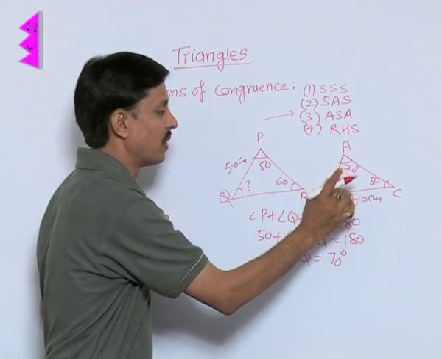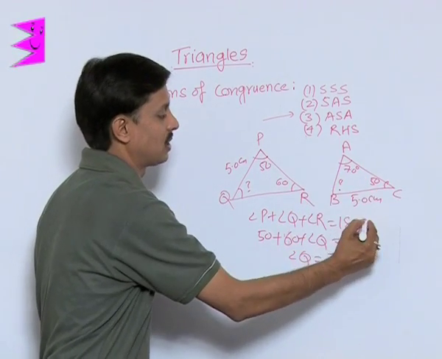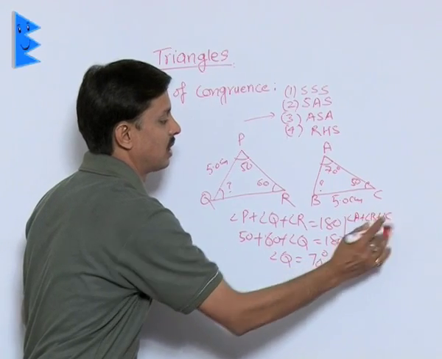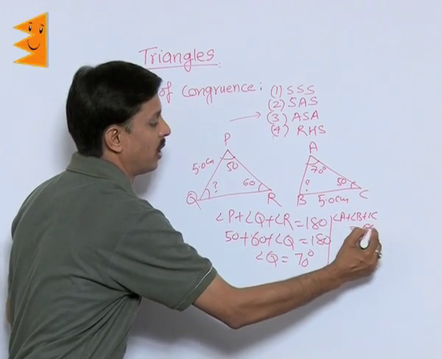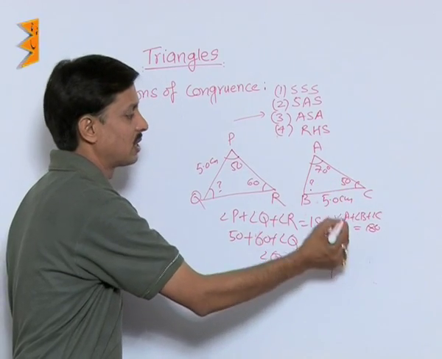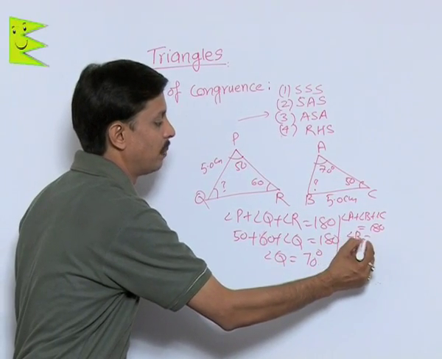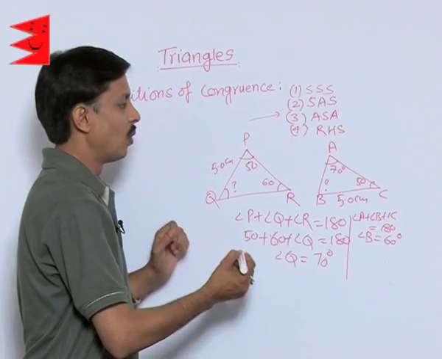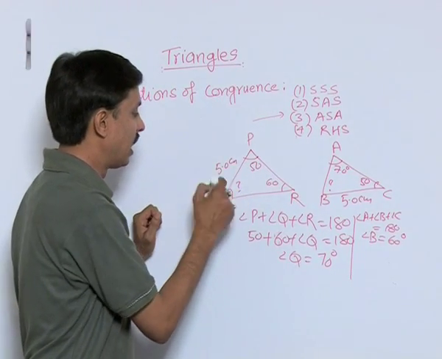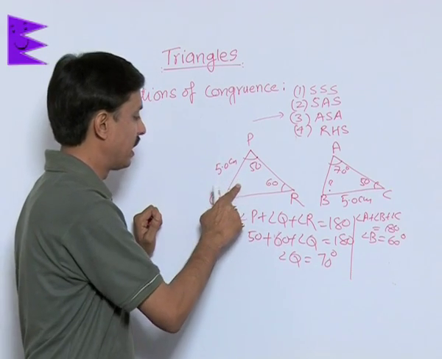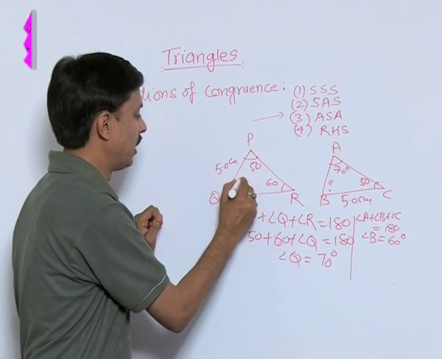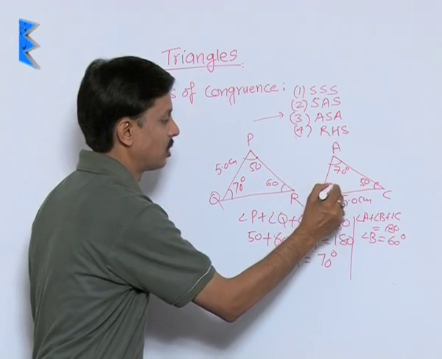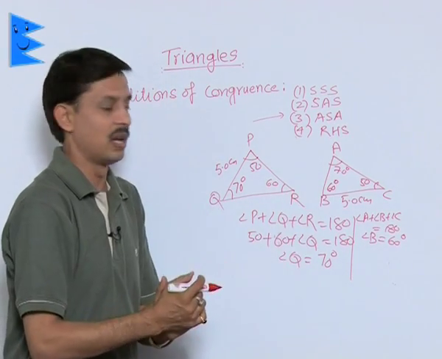Similarly from here, angle A plus angle B plus angle C is equal to how much? 180. So two angles are given, and we conclude angle B will come out as 60 degrees. So the angle at vertex Q I can write as 70 degrees, and the angle at vertex B I can write as 60 degrees.